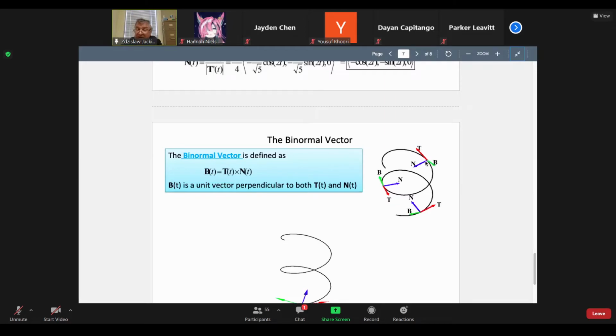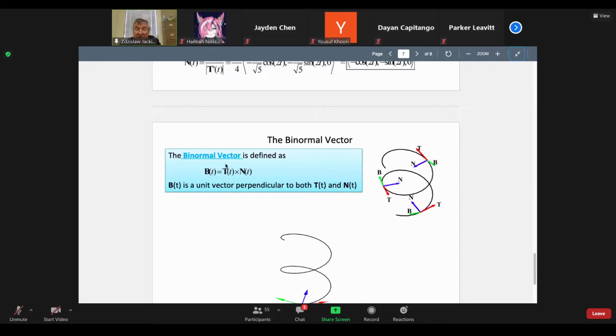So it looks like this. Again, these vectors T, N, and B are mutually orthogonal to each other. So B of t is a unit vector. Of course, it's a unit vector because this is a unit vector and this is a unit vector.